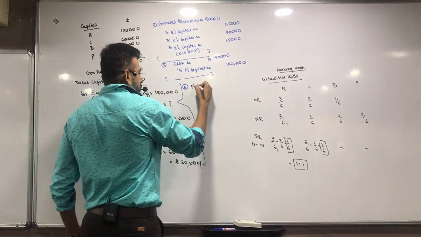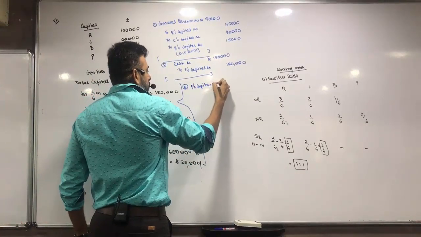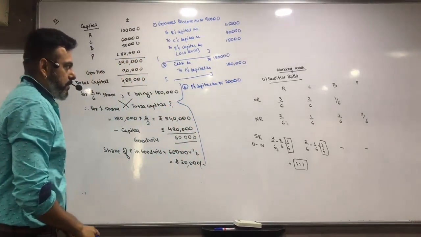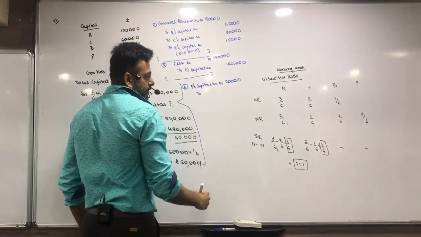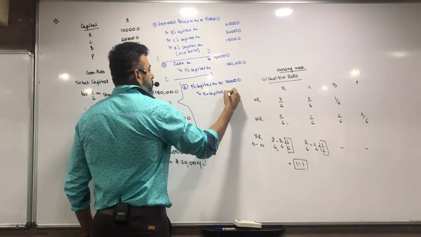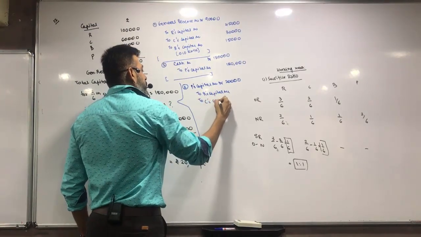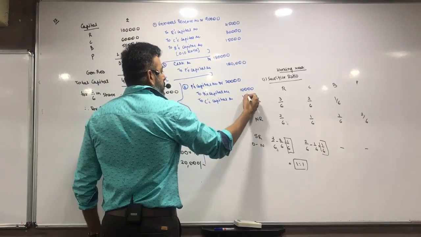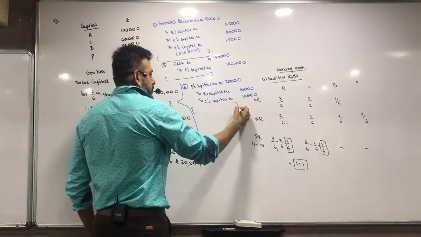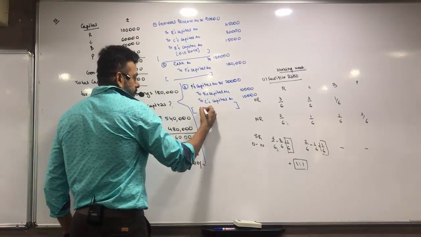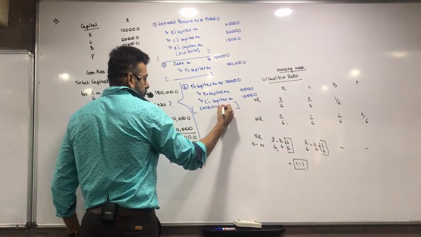So P's capital account debit 20,000 to R's capital account and C's capital account, 10,000 each. This will always be in sacrifice ratio.